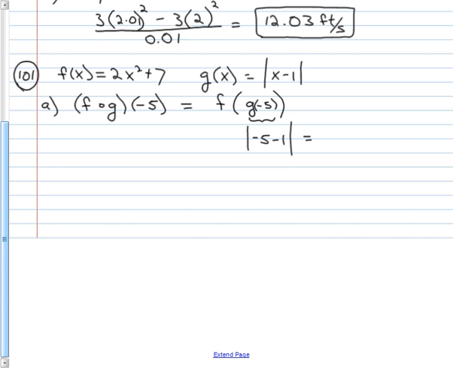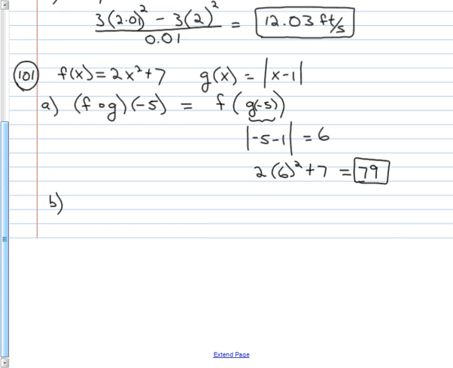What is the absolute value of negative 5 minus 1? 6. And I take that 6 and put it into the f function. 2 times 6 squared plus 7. 6 squared is 36, times 2 is 72, plus 7 more. 79, all the students repeated together.